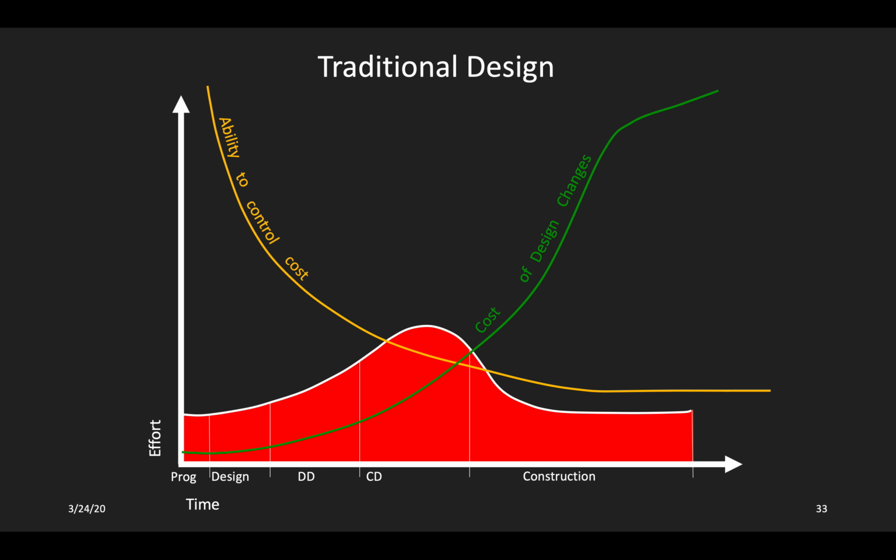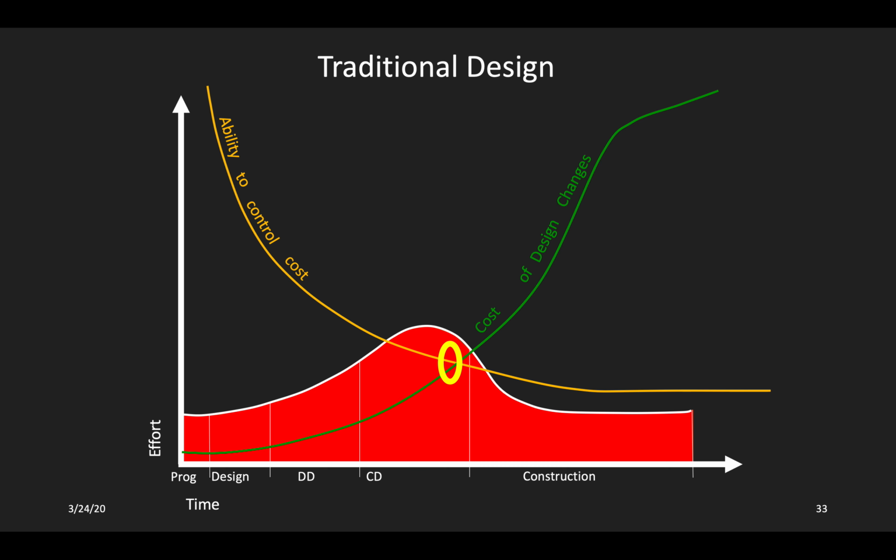Relating to that, if we find a design problem later and want to make a design change later, the cost is going to be much higher and continue to increase when we move towards the later phases of the project, right? And at this point, you can see that the two curves cross each other.